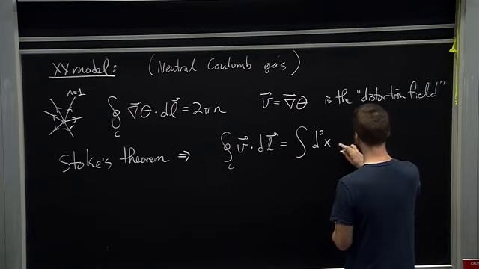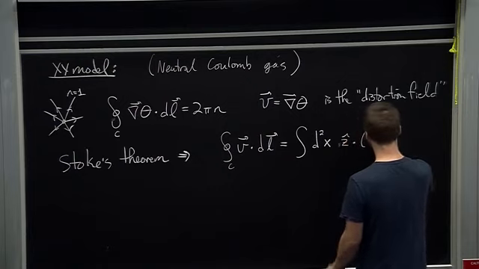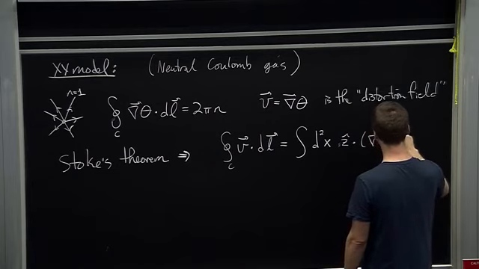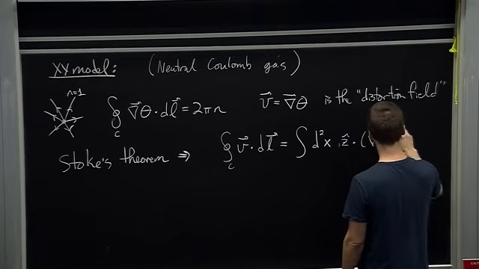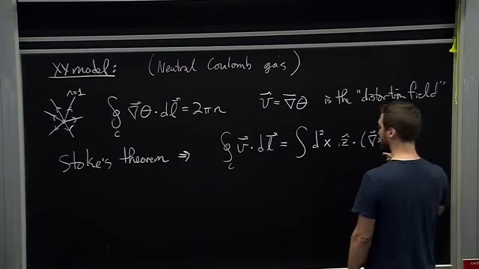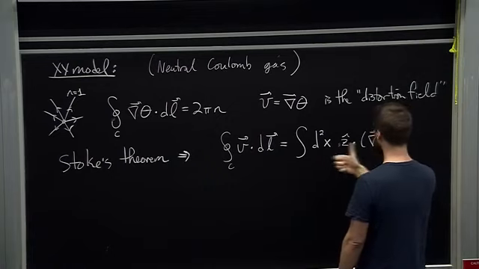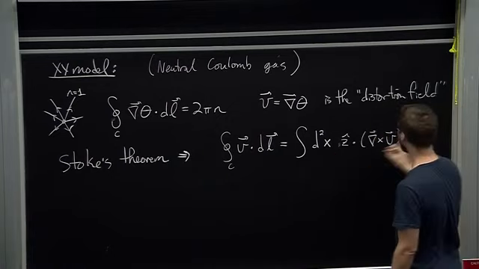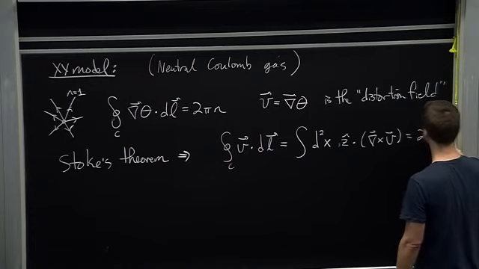And so I'll call that direction z. And then I have to have a z component of the curl. Right, so that's it. And this thing is going to equal 2 pi n.